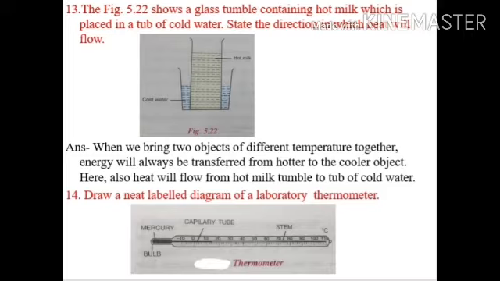Answer is, when we bring two objects of different temperature together, energy will always be transferred from hotter to the cooler object. Here also heat will flow from hot milk tumbler to tub of cold water. Question number 14. Draw a neat labelled diagram of a laboratory thermometer, and the picture is given below.